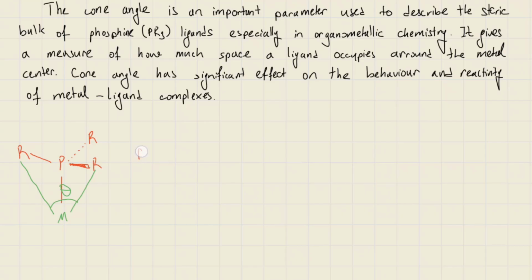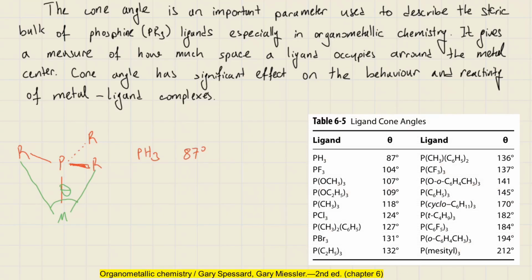For instance, for PH3, the cone angle is 87 degrees, so it is pretty small. For PF3, which is a little bit bulkier than PH3, it is a 104 cone angle, and this one, P(OH)3, has a 107 cone angle, and it can be very high.